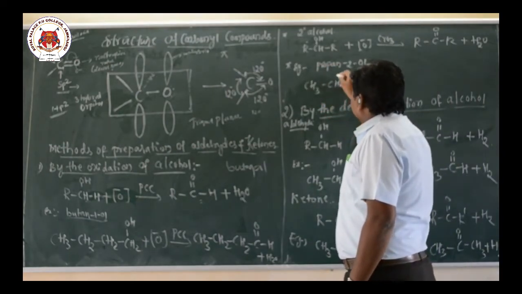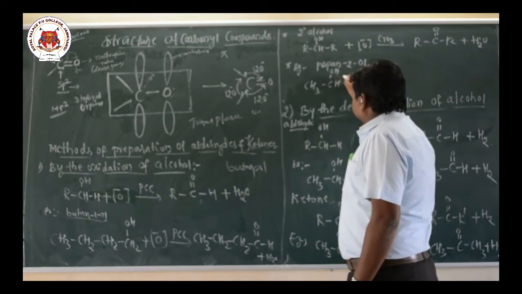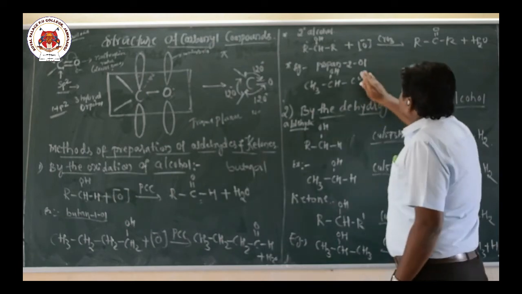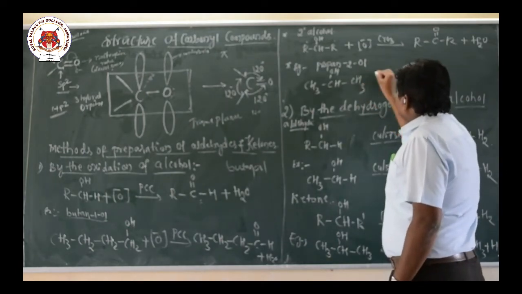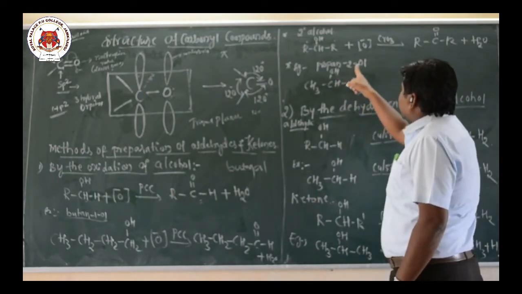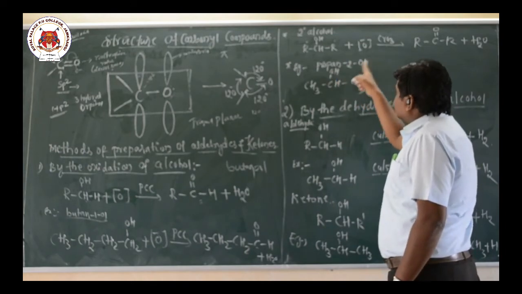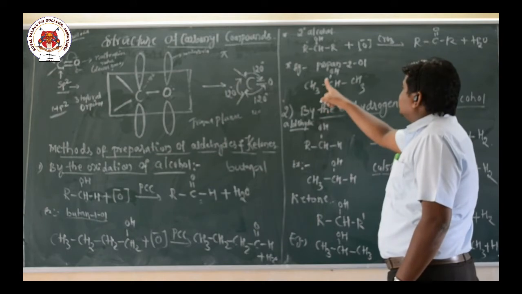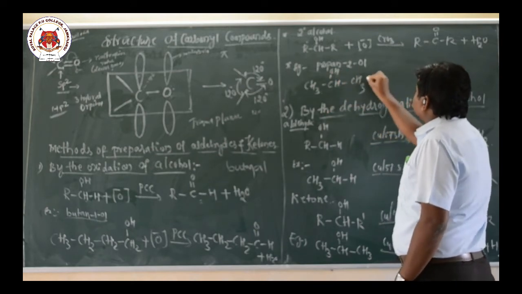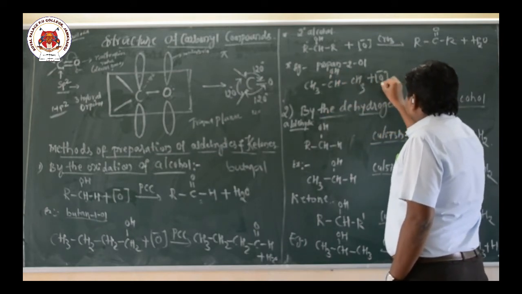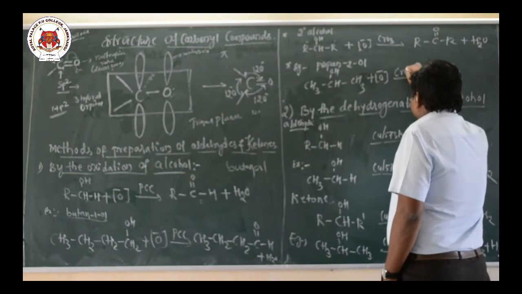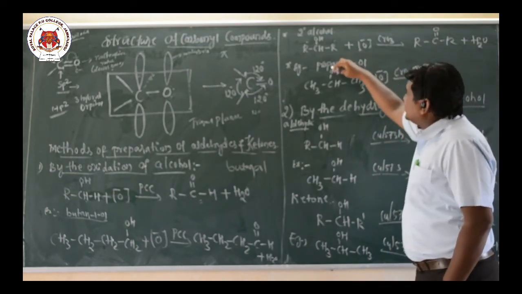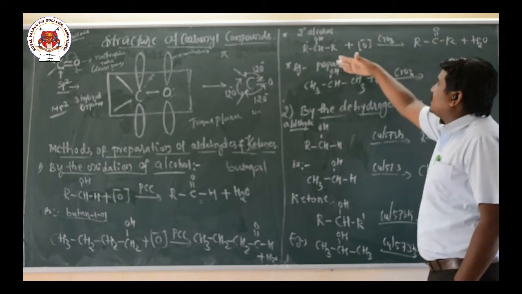CH3CHOHCH3, propan-2-ol. At second position we have the OH group, hence 2-ol, and the total number of carbon atoms is 3, hence the name of this compound is propan-2-ol. It undergoes oxidation in presence of chromic oxide. Again addition of oxygen takes place and removal of water molecule.